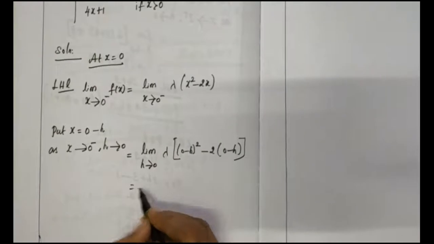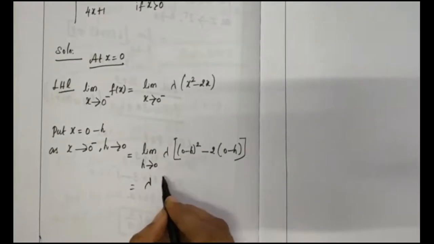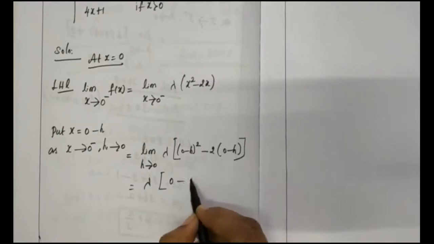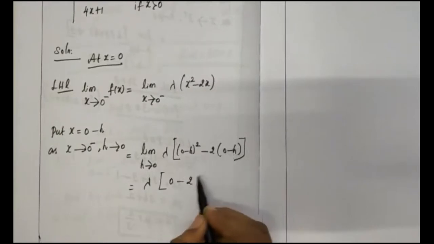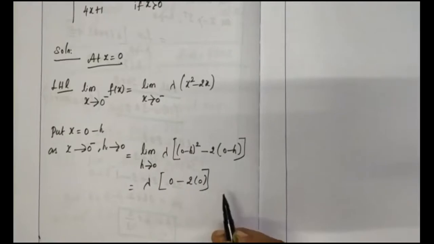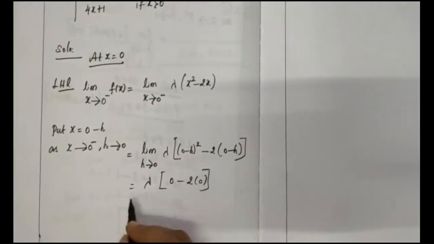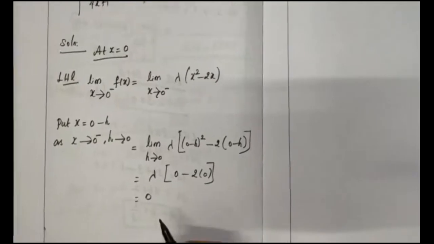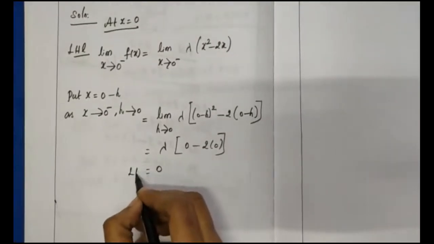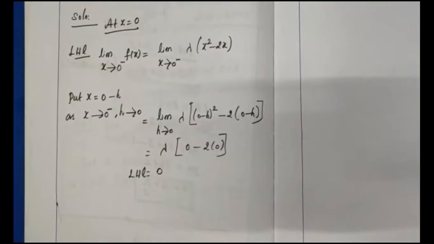Now give 0 for h: lambda into 0 square is 0, minus 2 into 0 is 0, so lambda into 0 is 0. So the left hand limit value is 0.